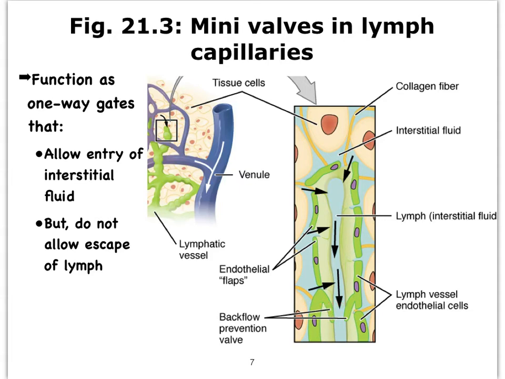Therefore, we refer to these little valves as one-way gates. They allow interstitial fluid to easily move inward, but as the fluid collects on the inside of our lymphatic capillaries, it literally pushes up against those little valves so that they close off the whole opening that they normally create when they're open.